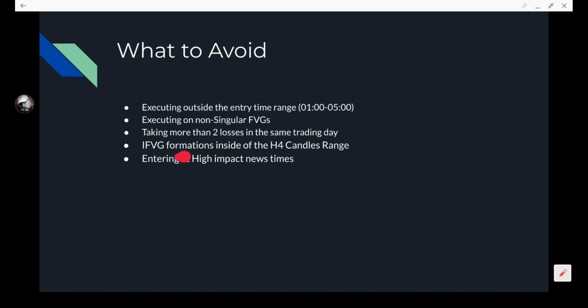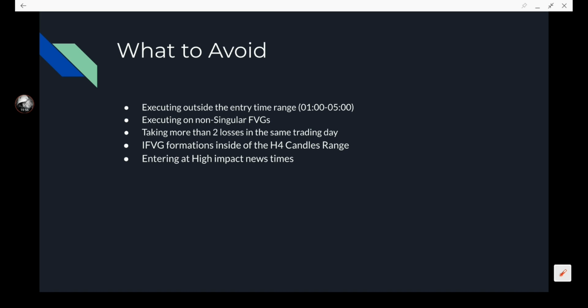Number 4, IFVG formations inside the H4 candle's range. By this, I don't mean that you can't trade IFVGs which form inside the H4 candle's range. I mean IFVGs formed before the purge of liquidity of the H4 candle's range.